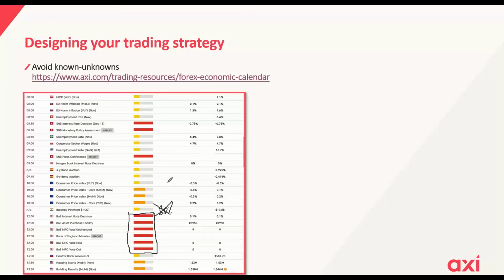So it's important to always avoid these known unknowns. How I do that is I look at the XE Forex economic calendar and I avoid the ones that are completely red in color, because these will definitely move the markets a lot.